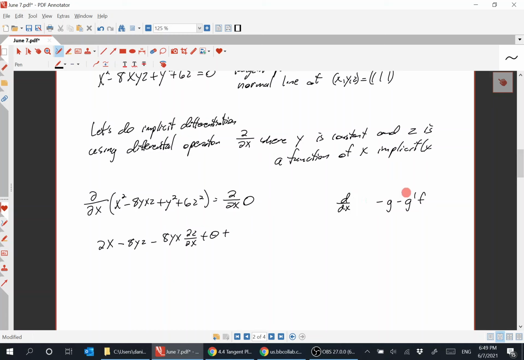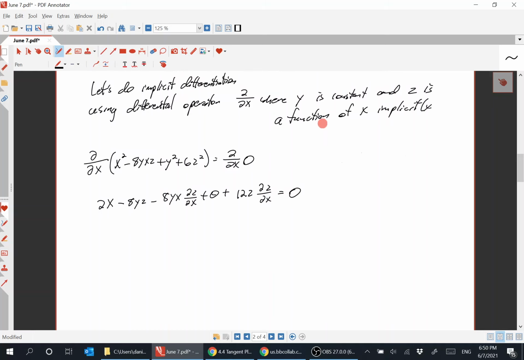You remember from Calc 1, y is implicitly a function of x, so the derivative with respect to x of y squared was what? How did that go? Right, 2y times dy/dx. Derivative of the outer function times the derivative of the inner function. So that's what's going on here. So it's 12z dz/dx, equals 0.